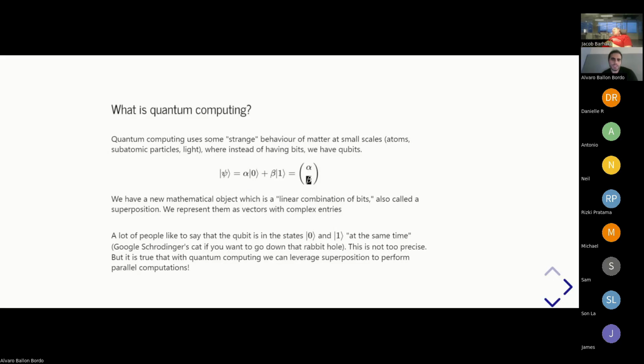So it just means that the qubit we have at the end of doing nothing is this one, 0, where alpha is 1 and beta is 0. So all we have is the 0 qubit. Everything always starts in the 0 qubit. If we do nothing to it, we can see that that's the case.